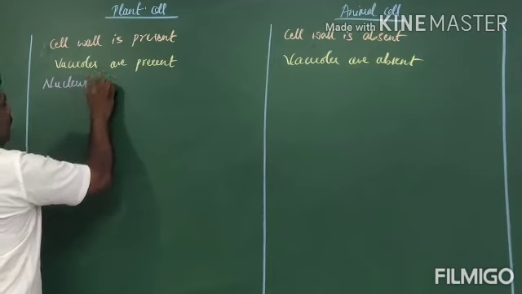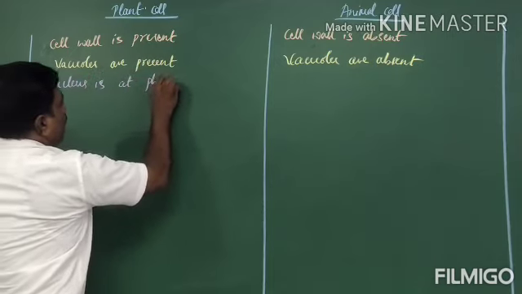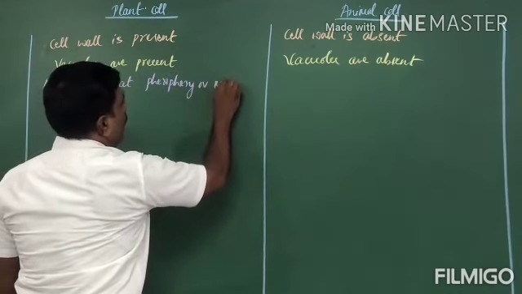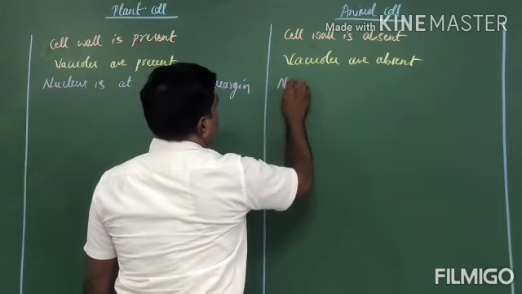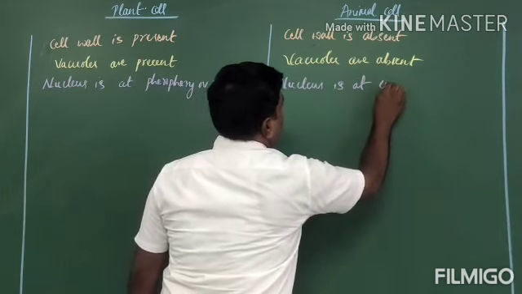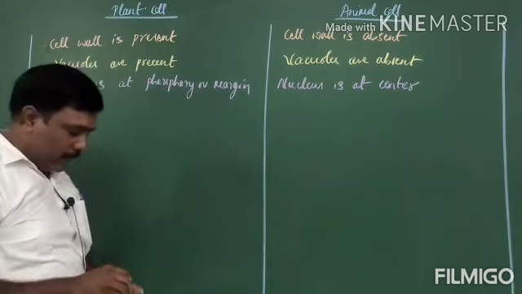Then the nucleus is at the periphery or margin in plant cells, whereas in animal cells the nucleus is at the center.